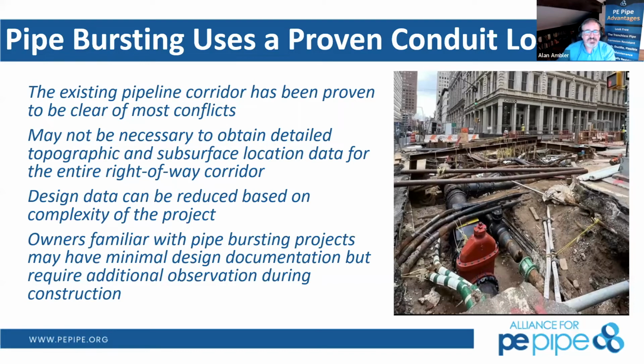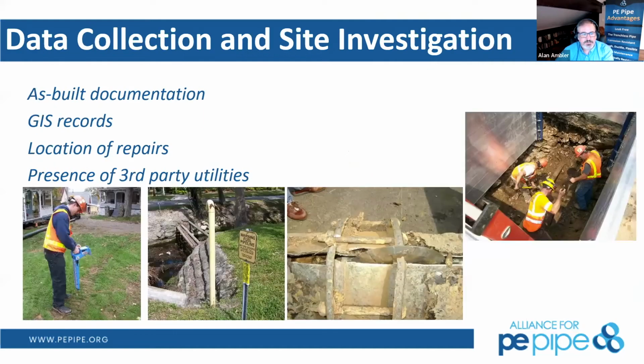It becomes challenging to find not only the horizontal space, but the vertical profile that's free of third-party utility conflicts as we go through. Once we understand that that proven conduit location is our commodity, we can then shape our plans and our projects to take advantage of that.